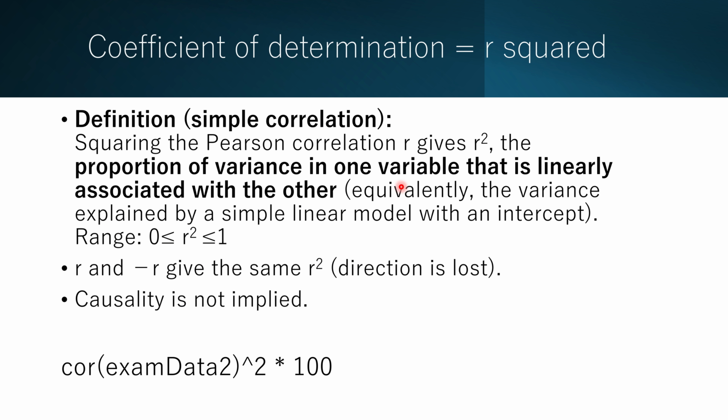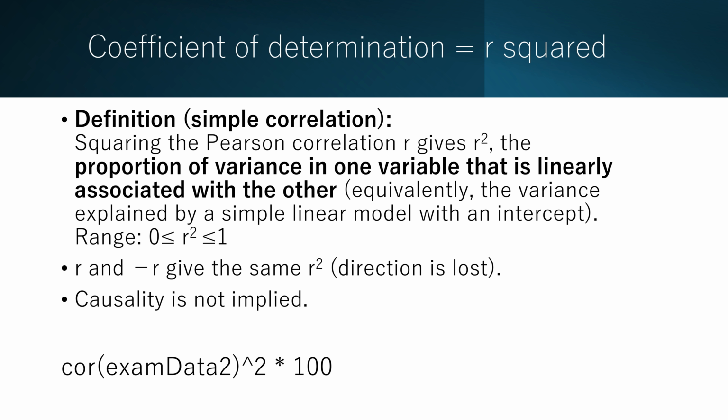And next, we want to calculate the R squared. Definition: squaring the Pearson's correlation R gives R squared, the proportion of variance in one variable that is linearly associated with the other. The range is 0 to 1 because it's squared, and the range of the Pearson's correlation is minus 1 to 1.